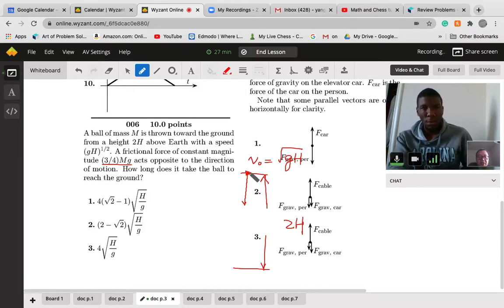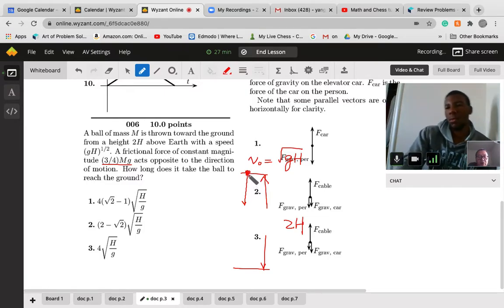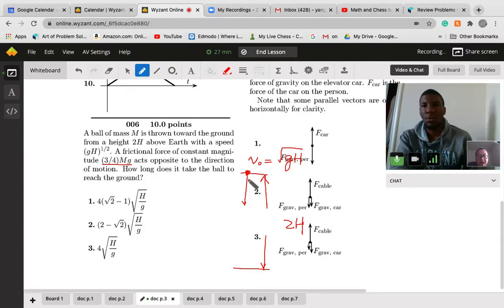Say this object, if they don't have the frictional force, this one still suffers a gravity force. So that's capital M times g, right?